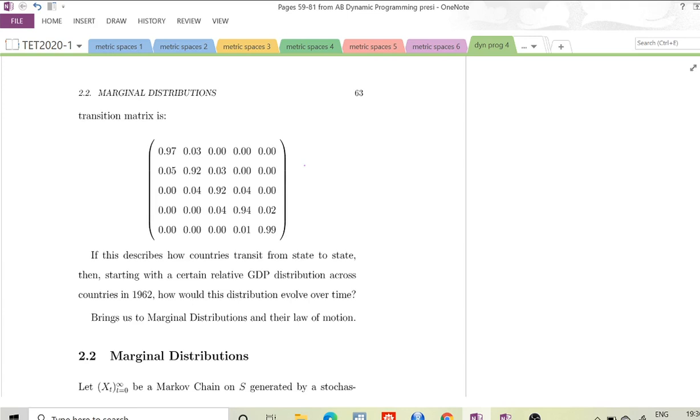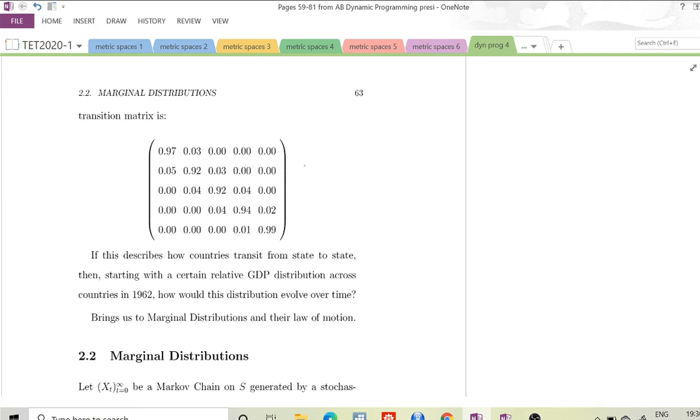And he shows that, if this is the only thing that describes relative GDP distributions across countries, then this distribution, as time t goes to infinity, goes to a stationary distribution that shows a lot of rich versus poor inequality.